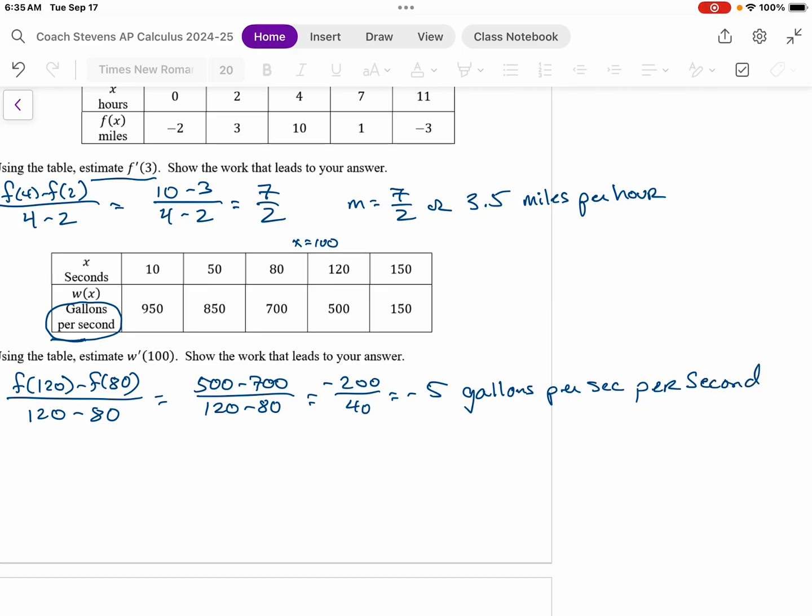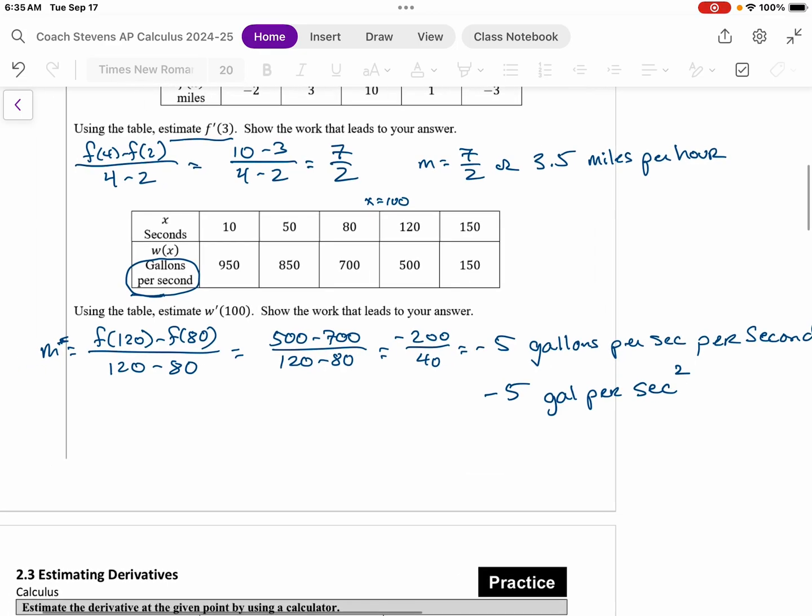And that's one way to write it. Another way you can write it is negative 5 gallons per second squared. And again, it all comes from your unit analysis. How do we set things up?